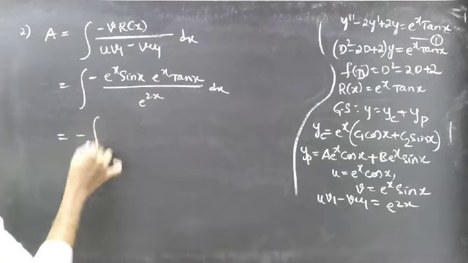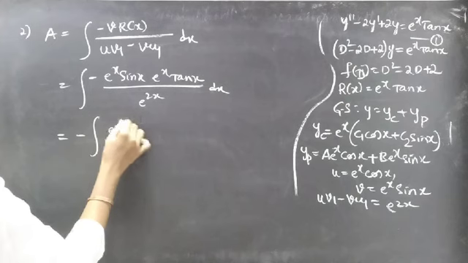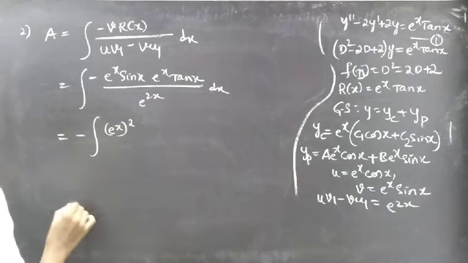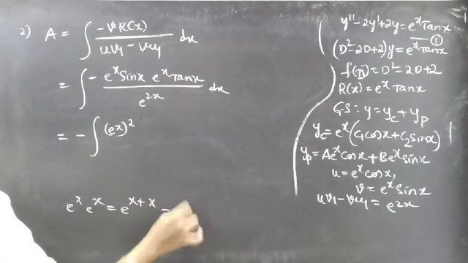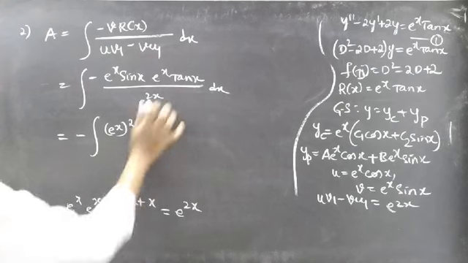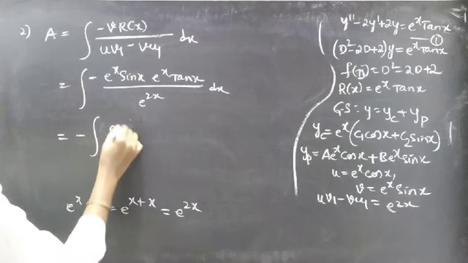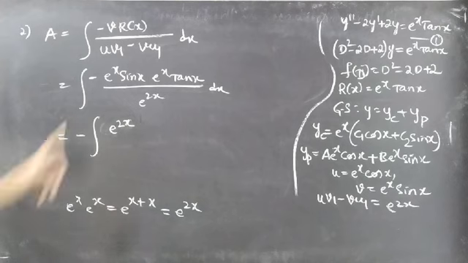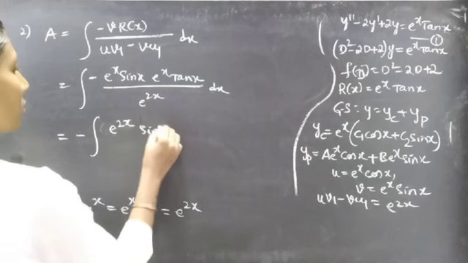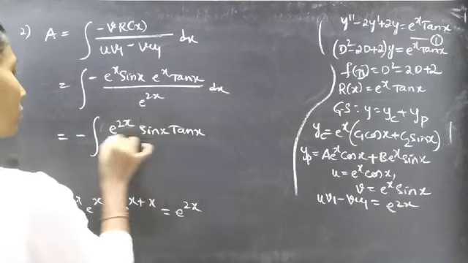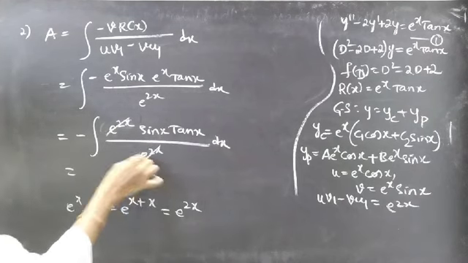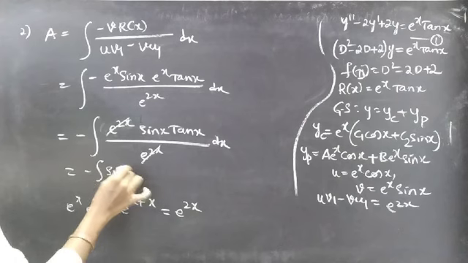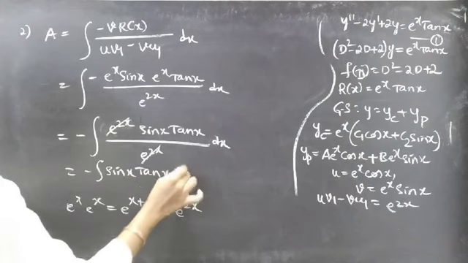This is equal to minus integral e power x into e power x is e power x whole square, or just add the powers, we'll get e power 2x. Okay, can just write directly e power 2x here, since e power x into e power x is e power 2x, into sin x into tan x by e power 2x dx. Here e power 2x gets cancelled. This is equal to minus integral sin x tan x dx.